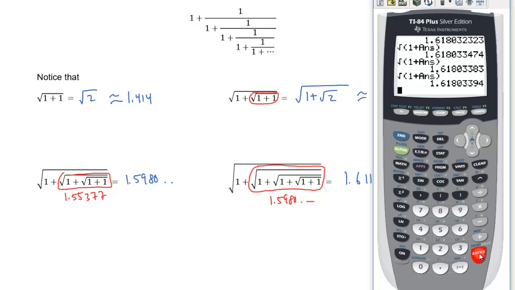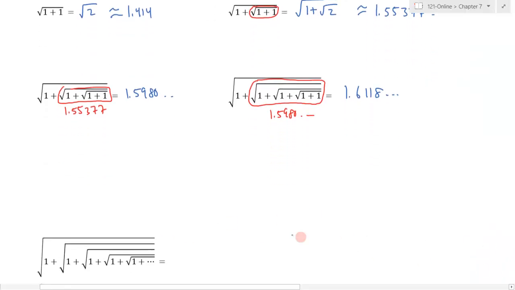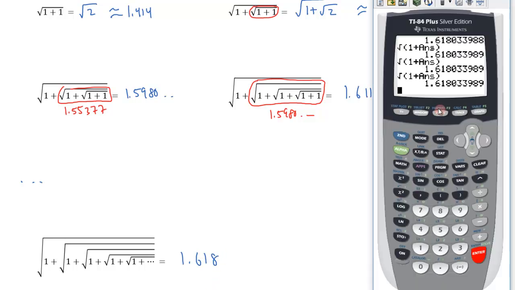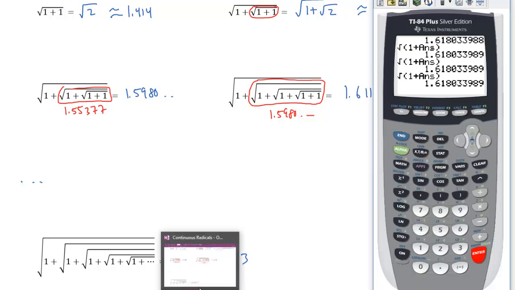You'll notice that it looks like it's getting close to that very same number, that 1.618. In fact, it is. It's getting closer and closer to that number. So if I put dot, dot, dot, this ends up equaling 1.618033989.